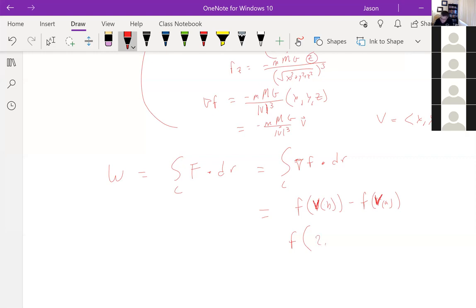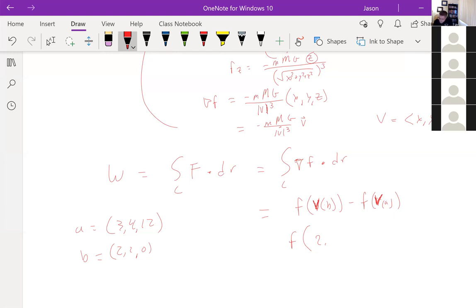What was b? b was my second point. What was my first point? It was 3, 4, 12. What was b? b was my second point at 2, 2, 0. Given that this has a parent function, we proved what the parent function was.